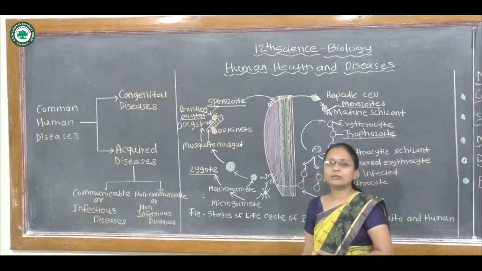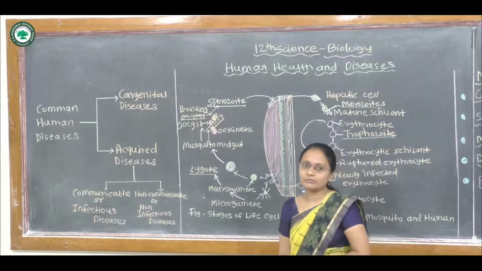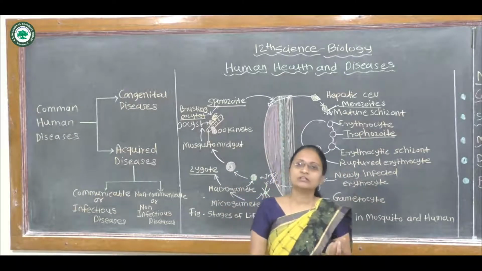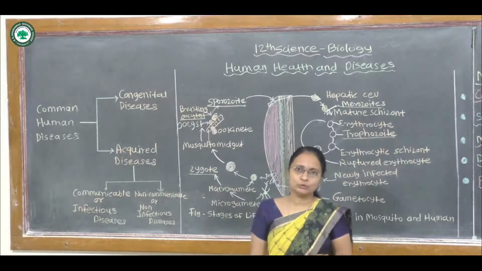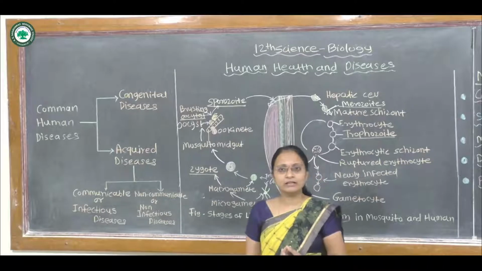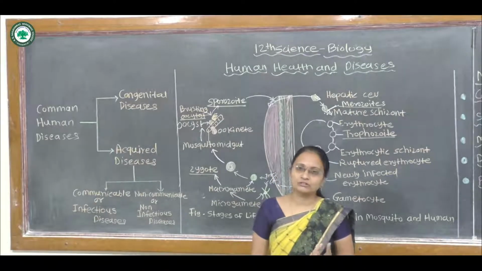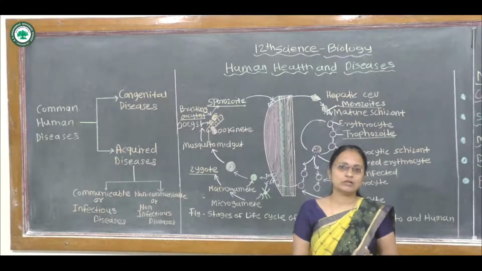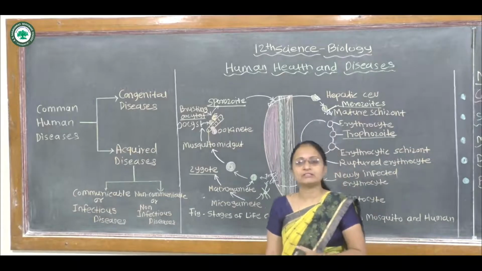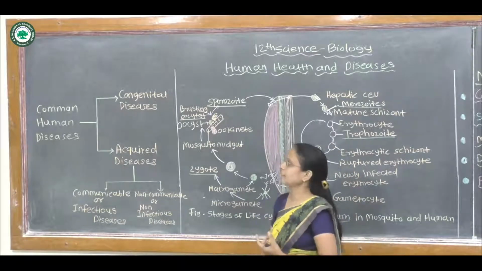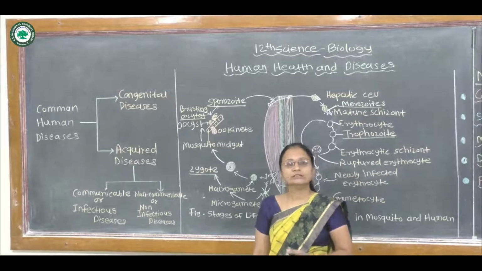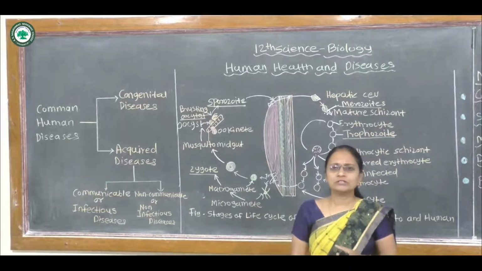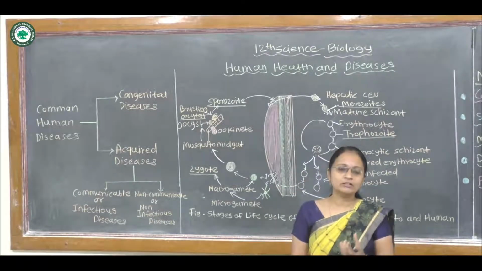For example, during pregnancy, when zygote formation takes place, if the pregnant woman is exposed to X-ray radiation and a mutation takes place, the gene sequence of the fetus may change and a disorder is created in the fetus. That comes under the heading of congenital diseases, because these diseases are related to chromosomes and genes, and mostly they are incurable.